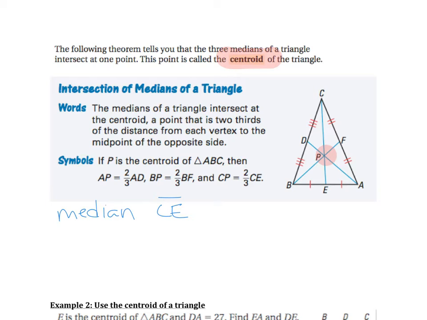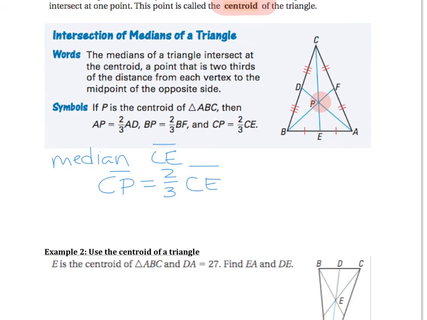So here's the relationship. I'm going to use just the one here. CP is two-thirds the whole length. The short length, PE, is 1/3 the whole length.